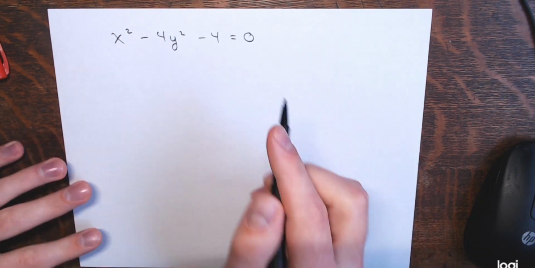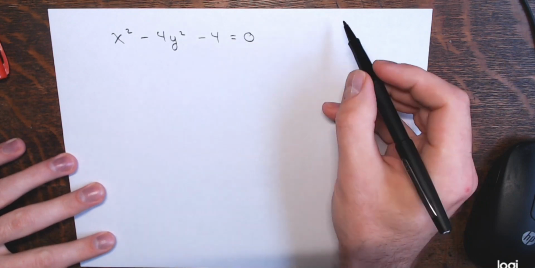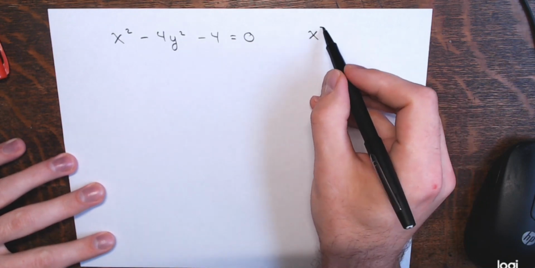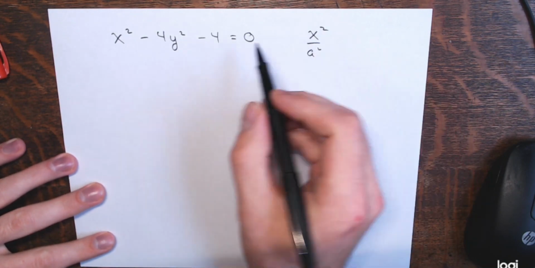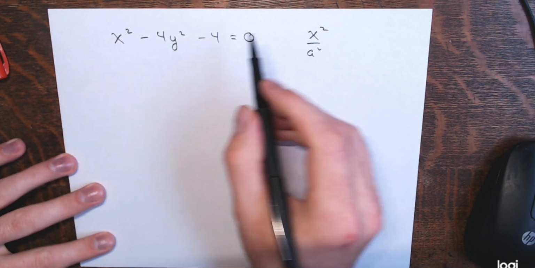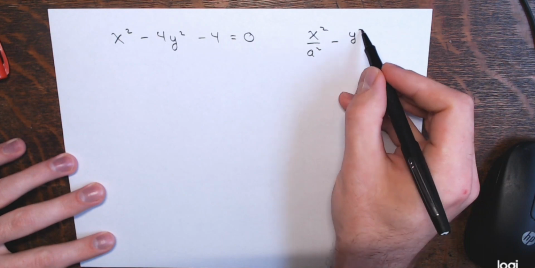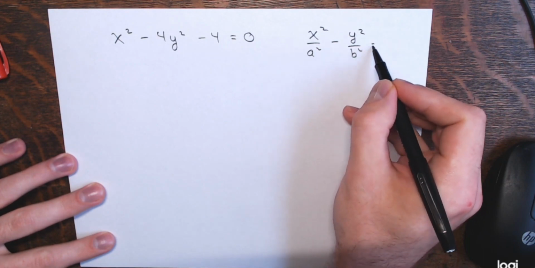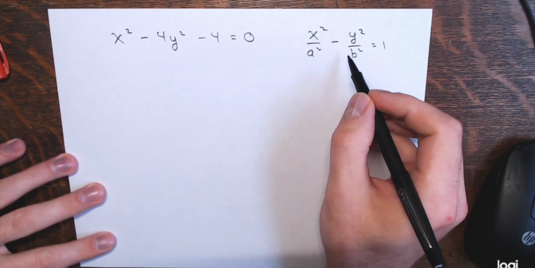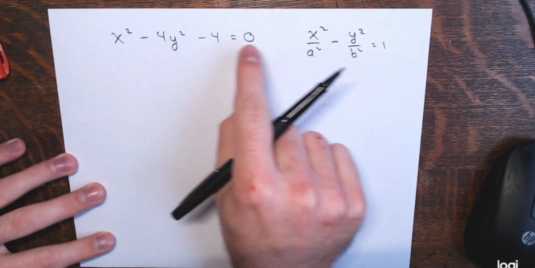And I'm going to put this in standard form. I want x squared over a squared, because I notice it's a positive x squared, negative y squared. So it's going to be one of these: x squared minus y squared over b squared equals 1. We want the variable terms on one side and constants on the other.